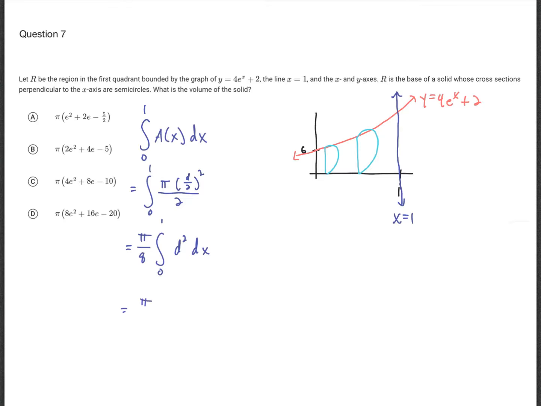So this is pi over 8 integral, whoops, that function squared, so 4e^x plus 2. Okay, so now I'm going to put this up here.